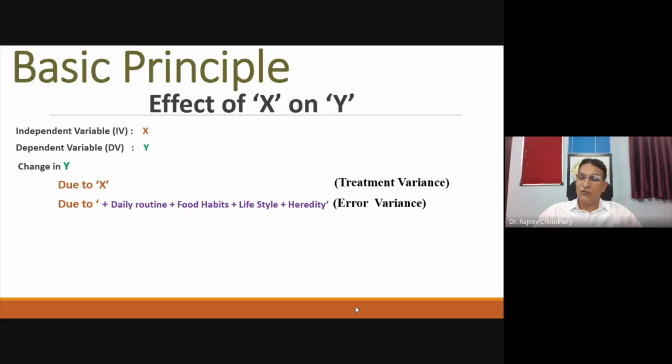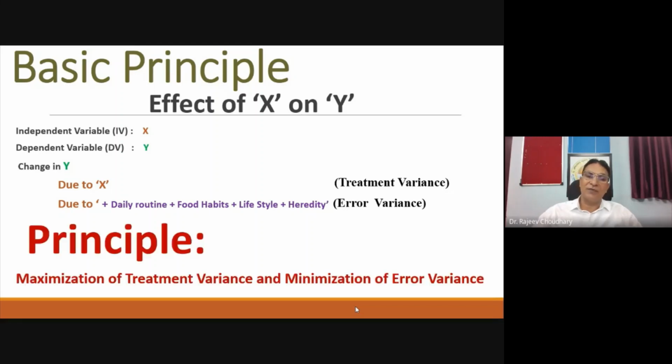So we have to select a research design or experimental design in such a way that it fulfills the principle of maximization of treatment variance and minimization of error variance. From this sentence, it is clear that error variance cannot be eliminated. An investigator may try his or her level best to minimize the error variance.